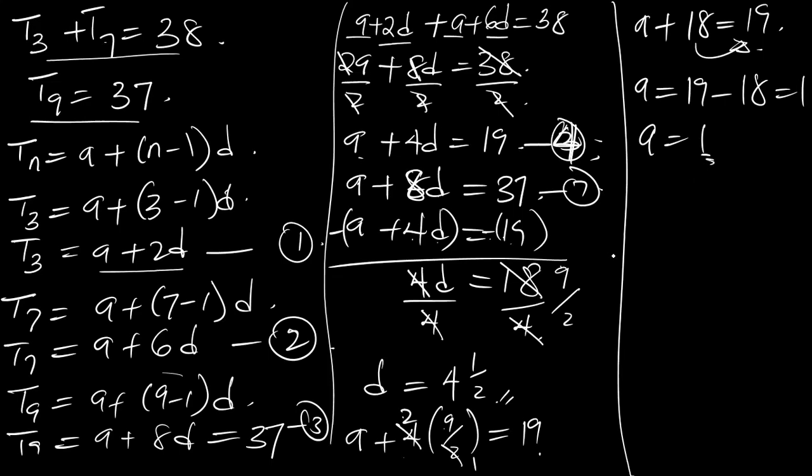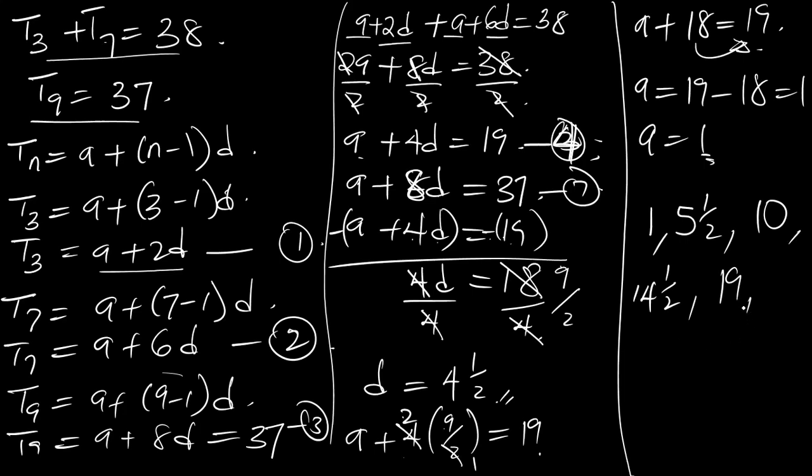So since we have gotten a to be equal to 1, that means the arithmetic progression will be 1, the first term, which is a. The second term will be, when you add 4 and a half, the common difference, to this one, you have 5 and a half. Add 4 and a half to 5 and a half, you have 10. Add 4 and a half to 10, you have 14 and a half. Add 4 and a half to 14 and a half, you have 19.